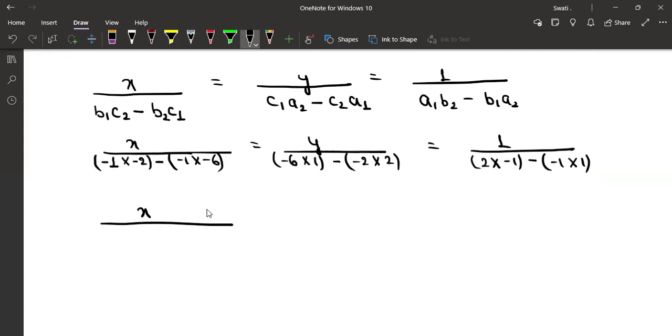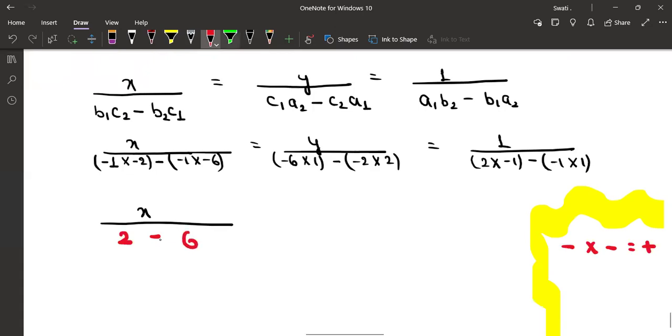I'll tell you one thing about multiplication of signs, Manya: whenever we multiply signs, minus into minus is always plus. So -1 into -2 will become +2. Now it is -1 into -6, again minus into minus, so 6.